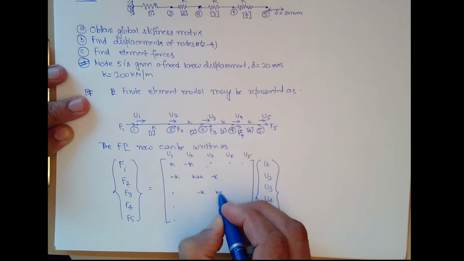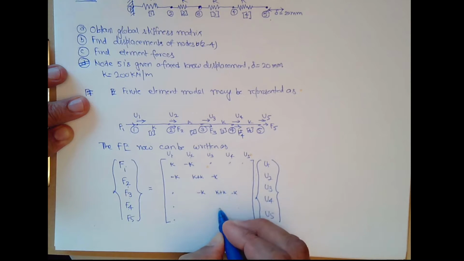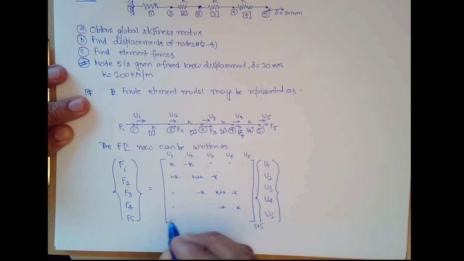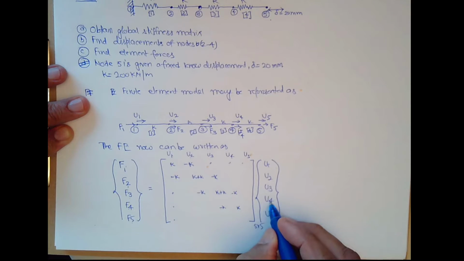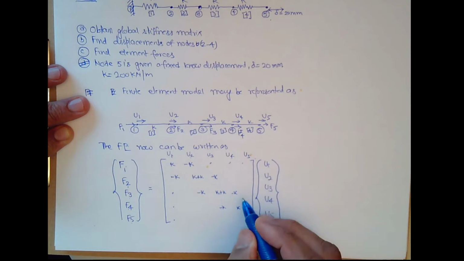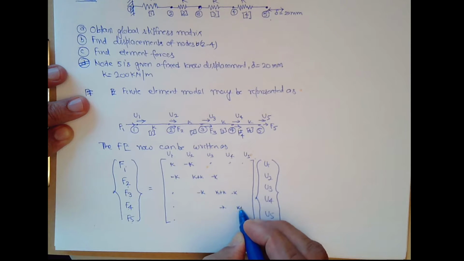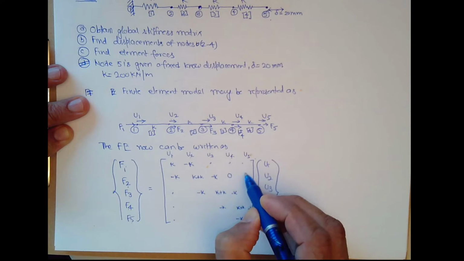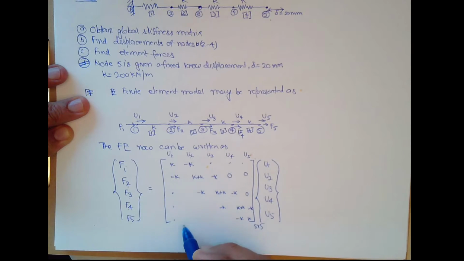So another K, minus K, minus K and K. 4 and 5 connects to 4 and 5, so another K, minus K, minus K and K. So the rest of the positions will be 0, correct?